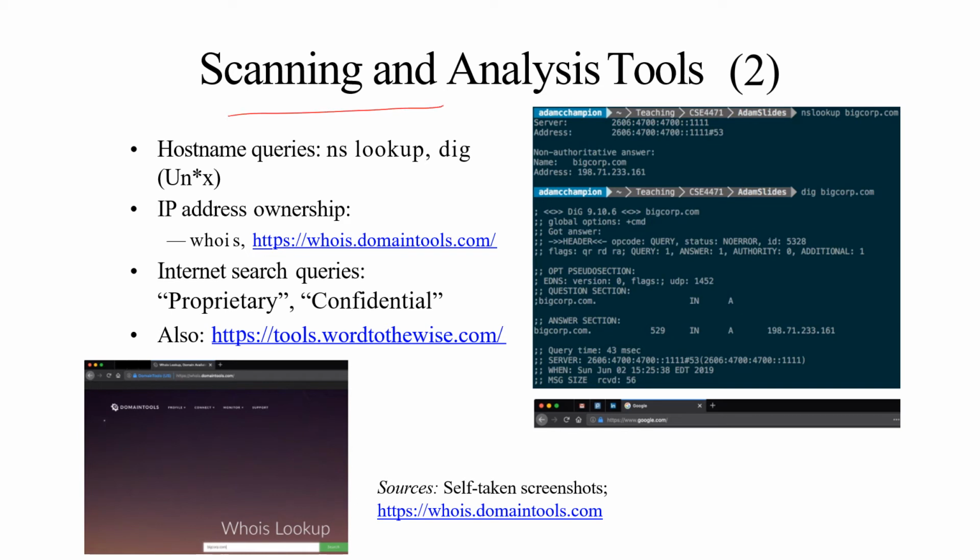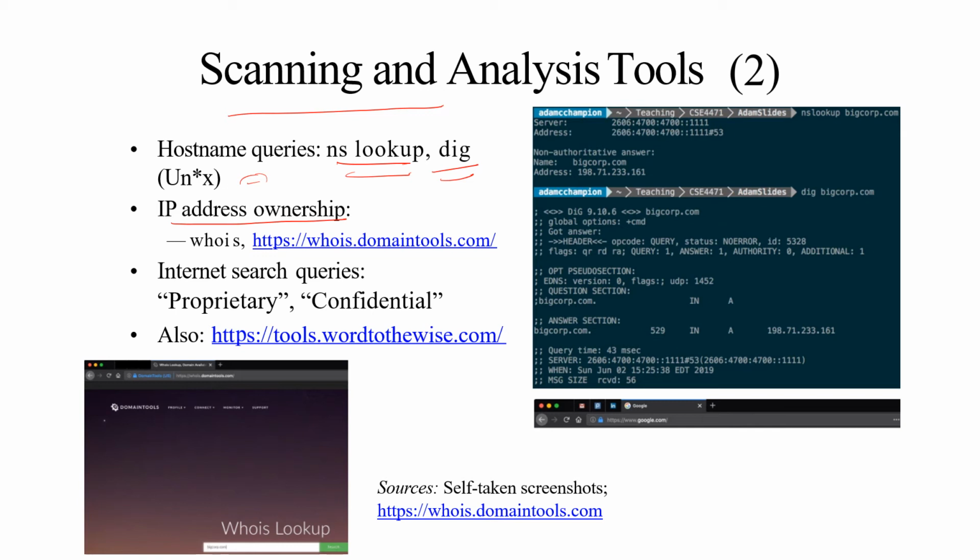These are the scanning and analysis tools available here. For host names, the nslookup or dig command in Unix will give you direct addressing like this. And for IP address ownership, who is taking ownership of that IP address?